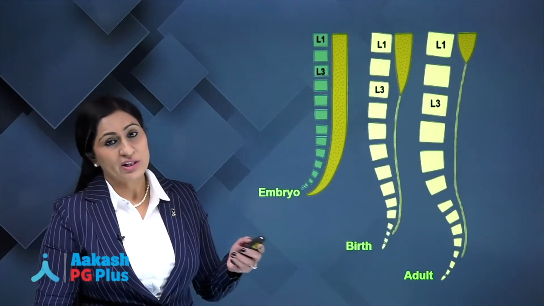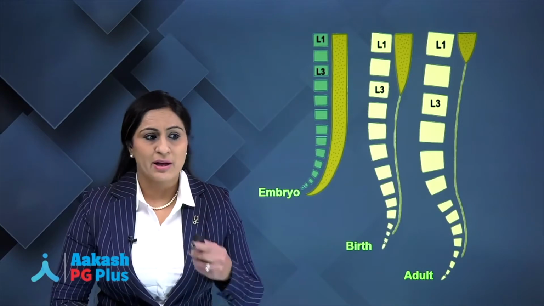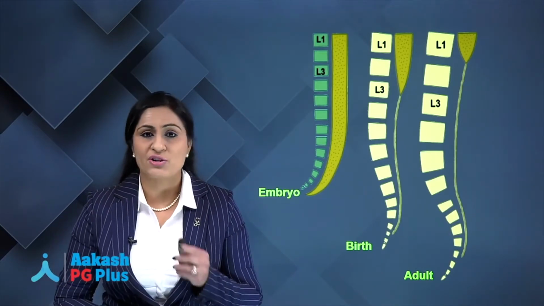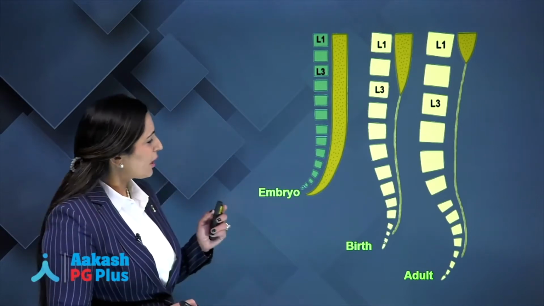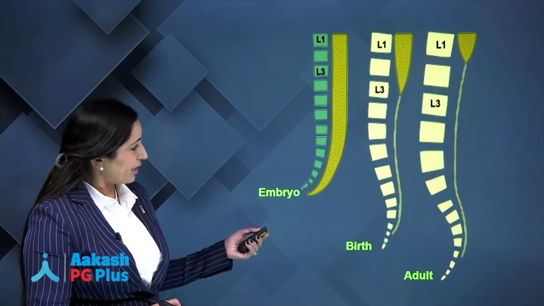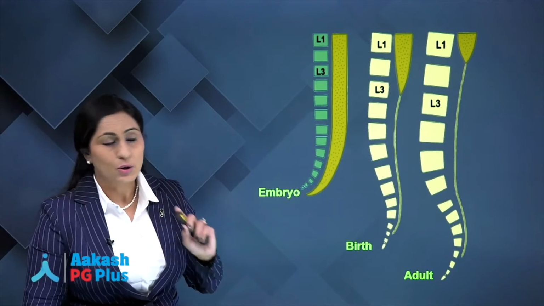Before answering the question, let us have an overview of spinal and epidural anesthesia. They are together called as central neuraxial blocks. A word about anatomy. In the intrauterine life, the spinal cord occupies almost the whole of the vertebral column.